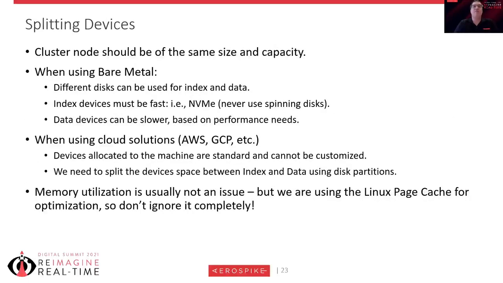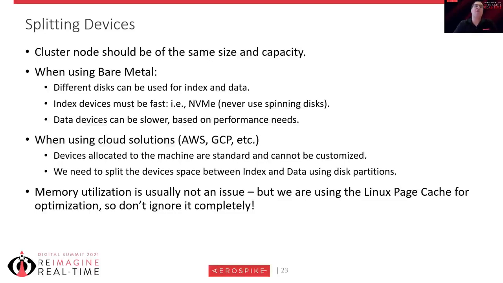Once we have those numbers, we can proceed to actually preparing the cluster. We'll be splitting the device if we are using a cloud solution, and we'll be using different disks if we're using bare metal, where NVMes must be used for indexes because of the high throughput at which the index is being accessed, and the data device can be slower, but again, this is based on your performance needs.